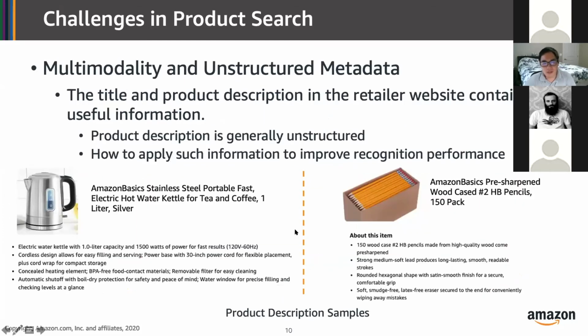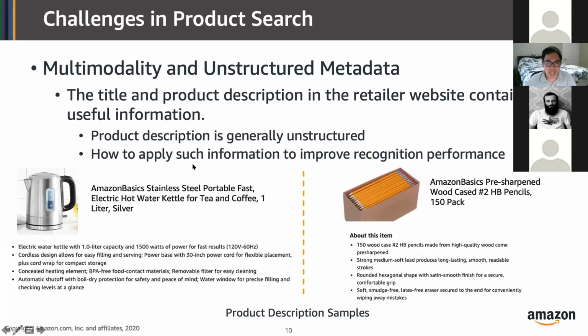Okay, and the final problem, which hasn't been explored a lot in current product retrieval search, is the unstructured metadata. As we all know, on an online website, when we show a product, we are not only showing the product image itself, we generally also have a title for the product, which is a brief introduction of the product, and a detailed description down below.